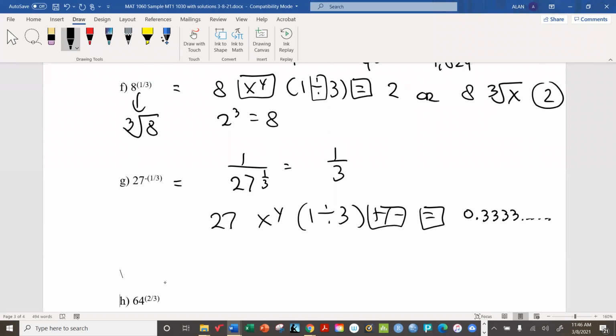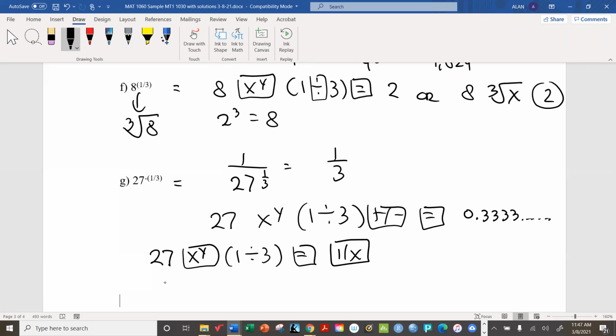Another possibility is to do this. If you don't want to deal with the negatives, I don't know if this is too complicated, but if you did something like this, if you raise this to the 1/3 power, what you could do is then follow it up with this 1 over x button, because you know that it was negative 1/3. 27 x to the y, 1 divided by 3.